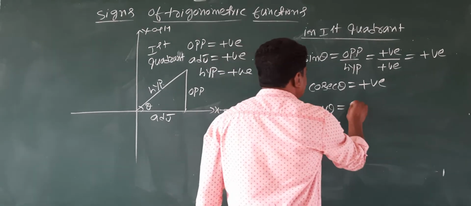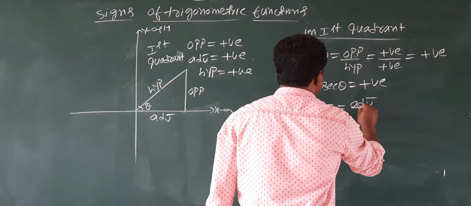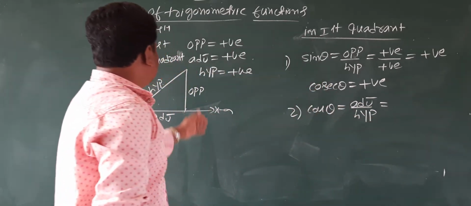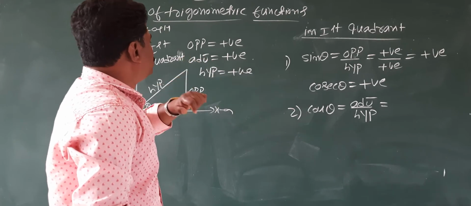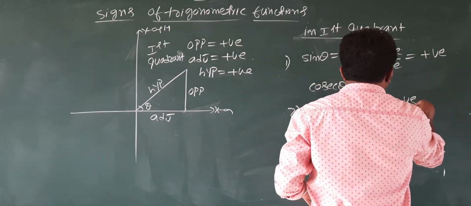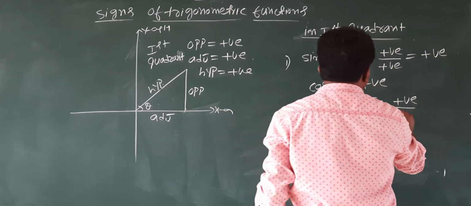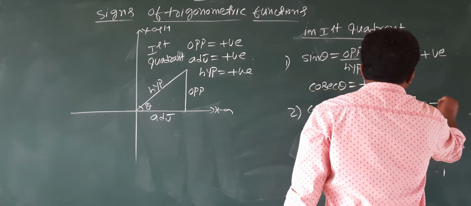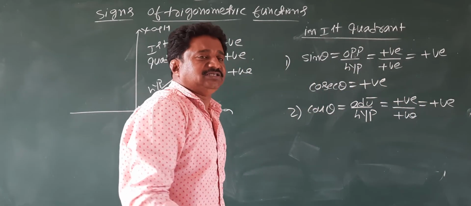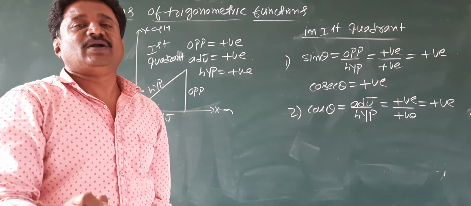Cos theta is adjacent by hypotenuse. The adjacent side is positive. The hypotenuse side is always positive. Again it is positive. Cos theta is also positive in the first quadrant.